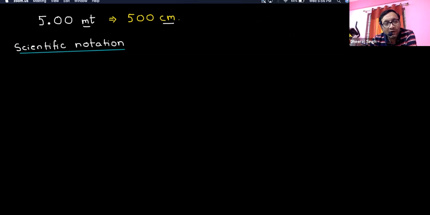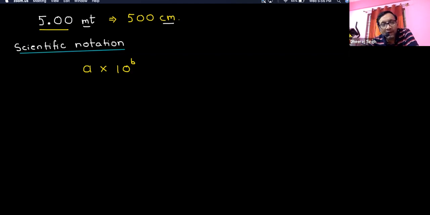Anyways, scientific notation is introduced. So rather than writing numbers like that, you write it like this: A into 10 raised to power B. You might have seen that many times the values are given like 3.2 into 10 to the power 6 meters. When you use 10 to the power like that, you are writing in scientific notation form.